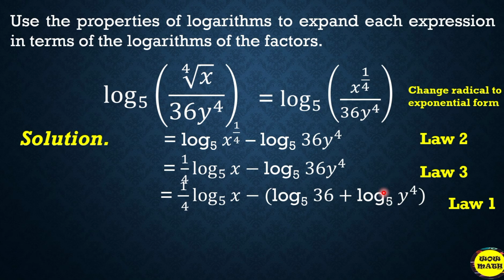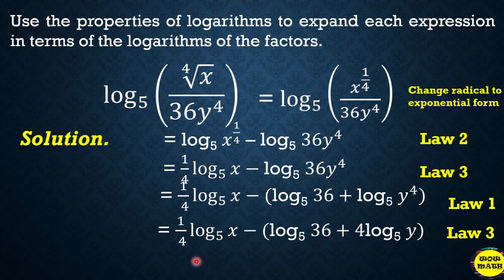And then, meron tayong exponent dito, so we need to put it sa unahan ng logarithm natin. So, by applying the logarithm of a power, so copy 1/4 times logarithm of x with base 5 minus log 36 with base 5 plus, so dito ilagay na natin sa unahan ng logarithm yung exponent na 4, so 4 times log y with base 5.